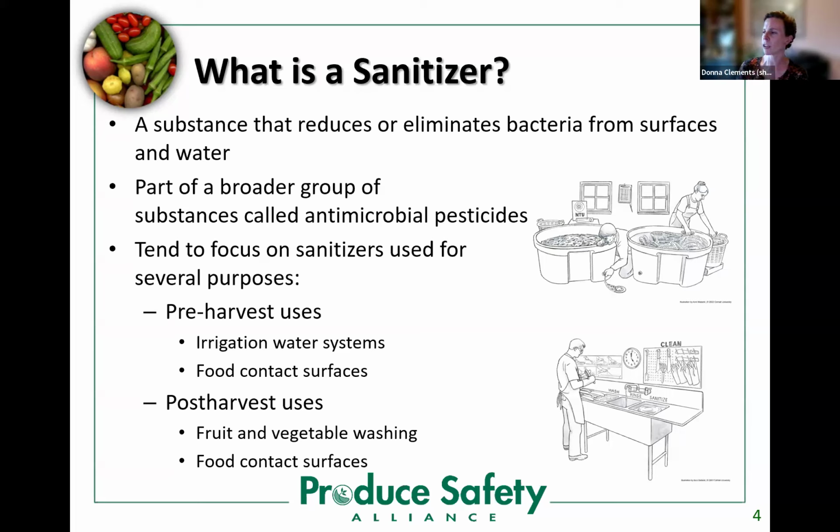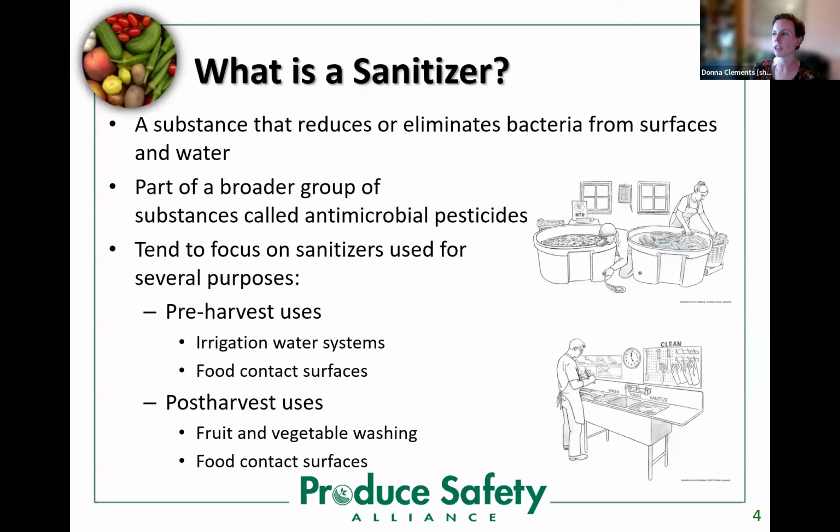And I have a couple of illustrations here on the right-hand side. You can see the top right is an illustration of fruit and vegetable washing. Those are cucumbers that are being washed in a batch system, so just sort of a big Rubbermaid container. And we use sanitizers there in that system to help minimize cross-contamination between the different produce and that water that is being used to wash that produce. And then in the bottom right-hand corner, we have more of your food contact surface use.